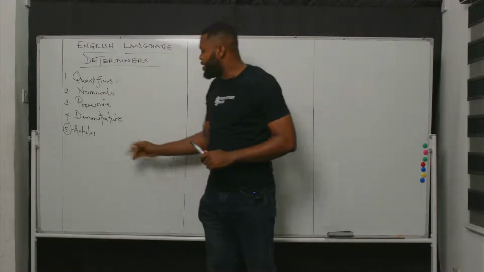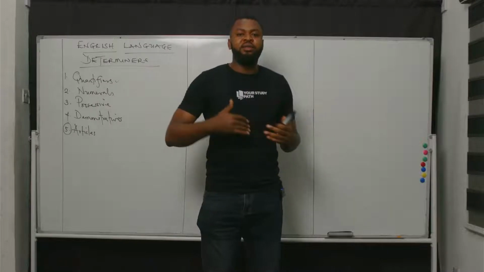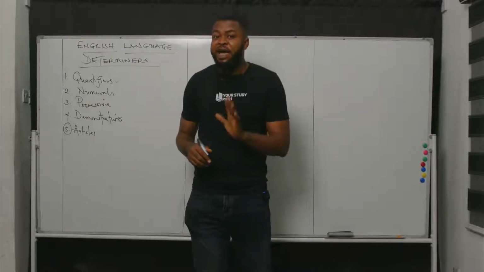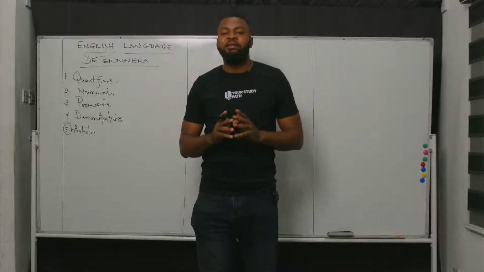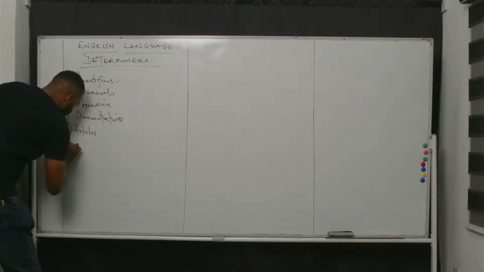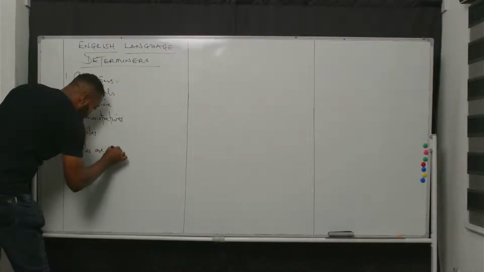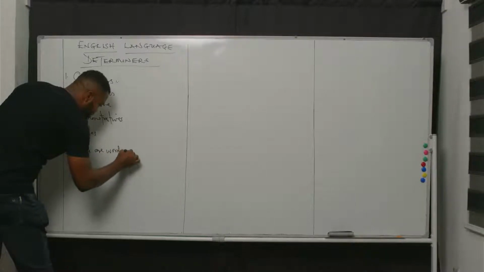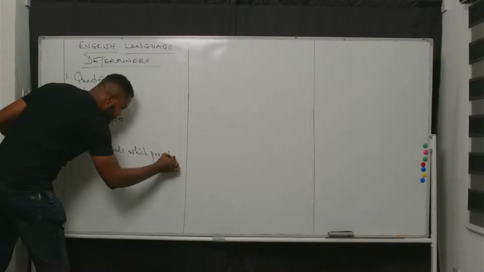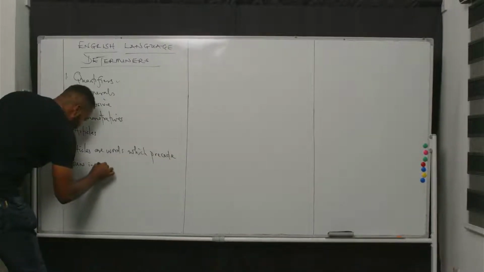Now, considering articles, okay, articles are words that usually precede nouns. Do you understand? And we have two specific types of articles. Now, let's take a look at this. So, here we have articles are words which precede nouns in a sentence.